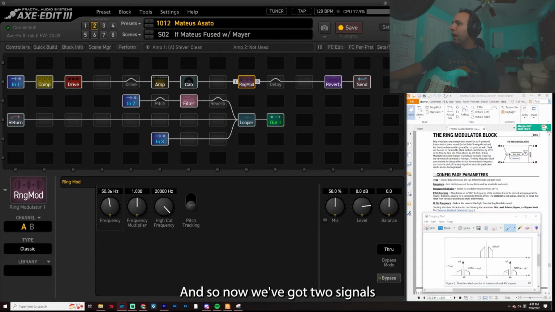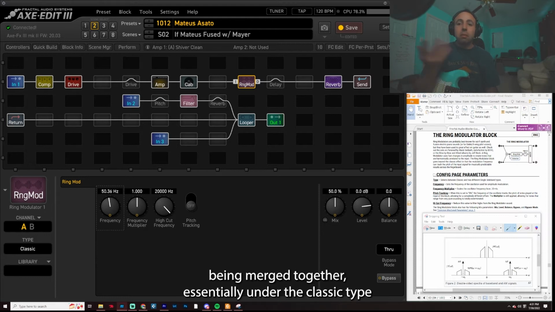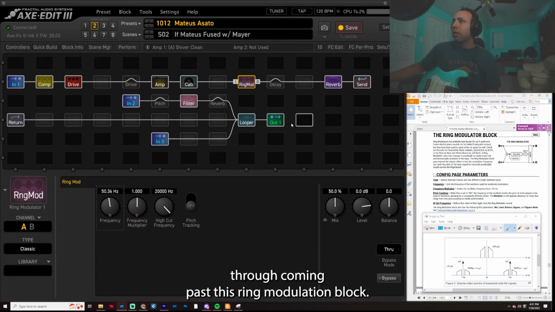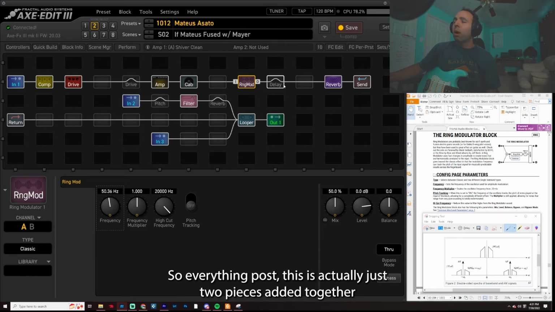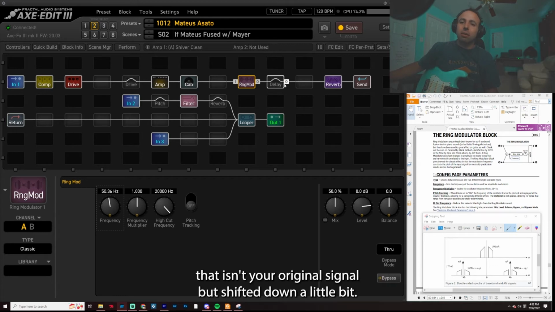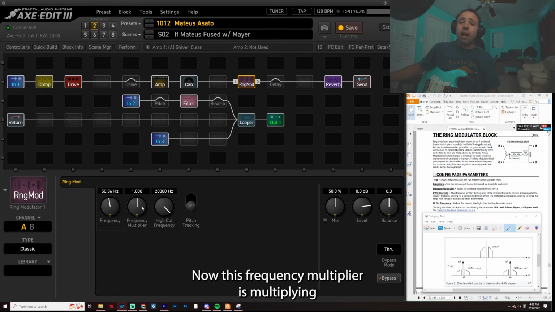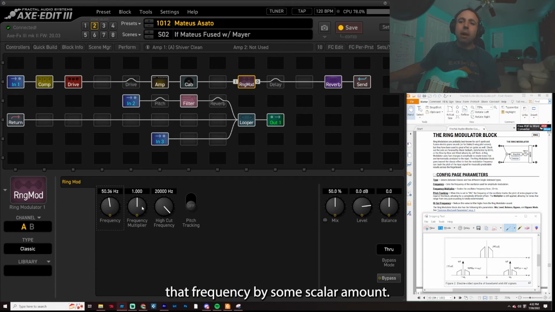And so now we've got two signals being merged together essentially under the classic type, and that is what exists as the signal coming past this ring modulation block. So everything post this is actually just two pieces added together that isn't your original signal but shifted down a little bit.